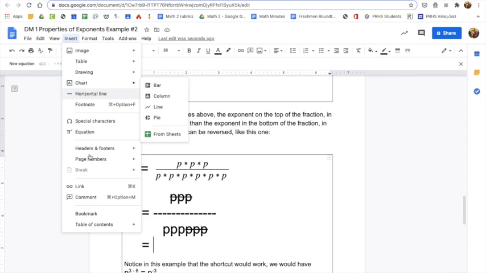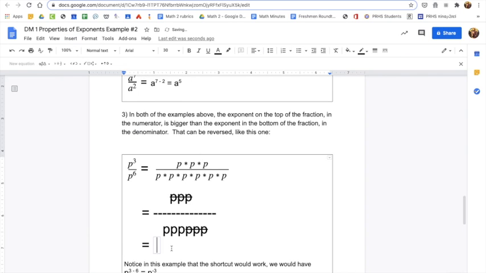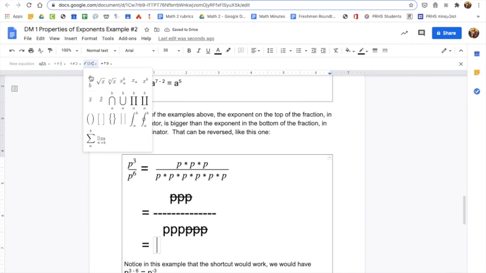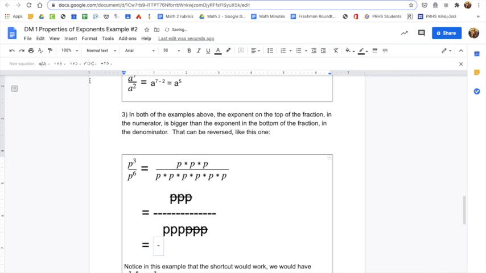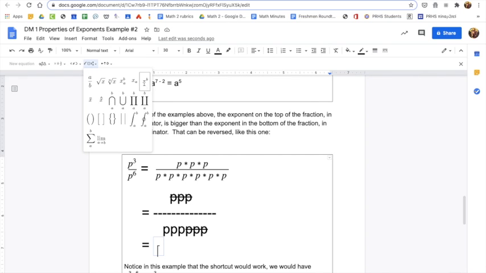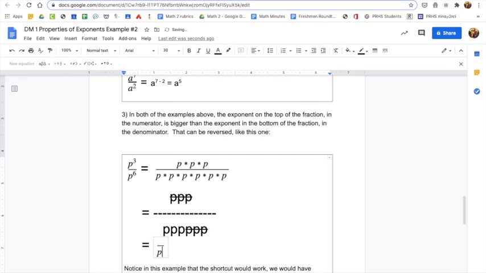Let me insert a fraction here. And what I've got is now a fraction with p raised to the 3rd power on the bottom.